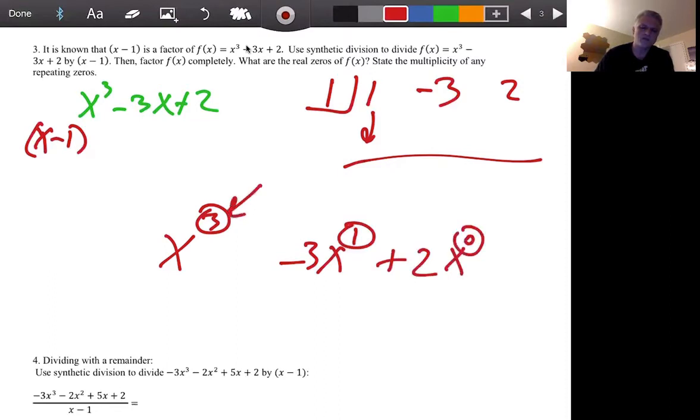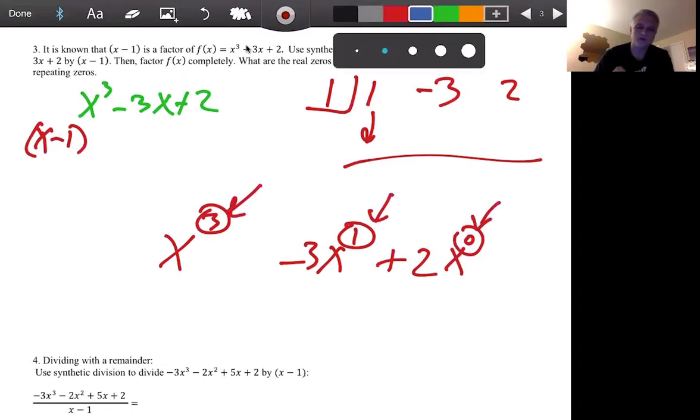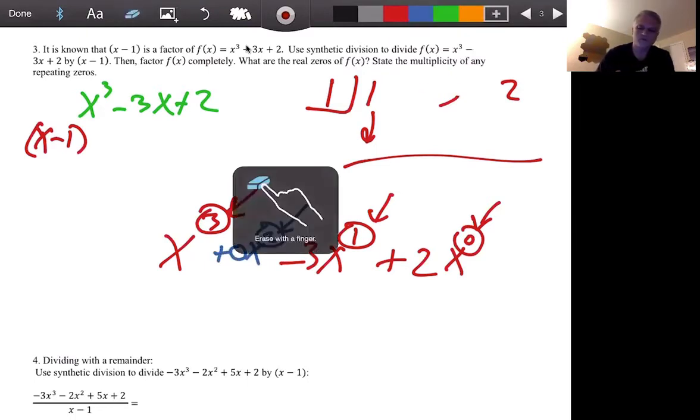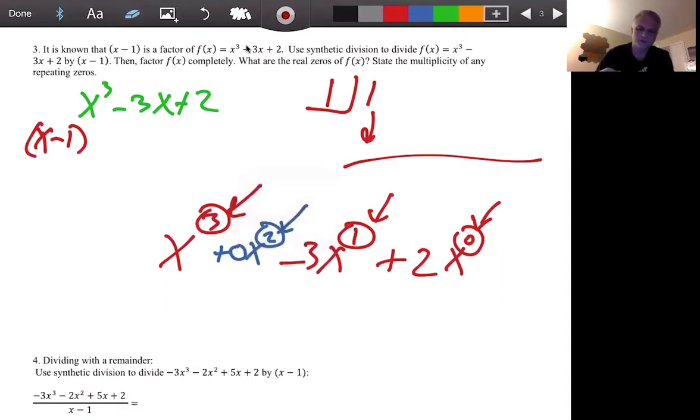So the exponents are 3, 1, and 0 for the x's. If there are gaps, you have to fill them in with placeholders. So I'm going to put in my gap filler 0 here. And then we can put our -3 and our +2.